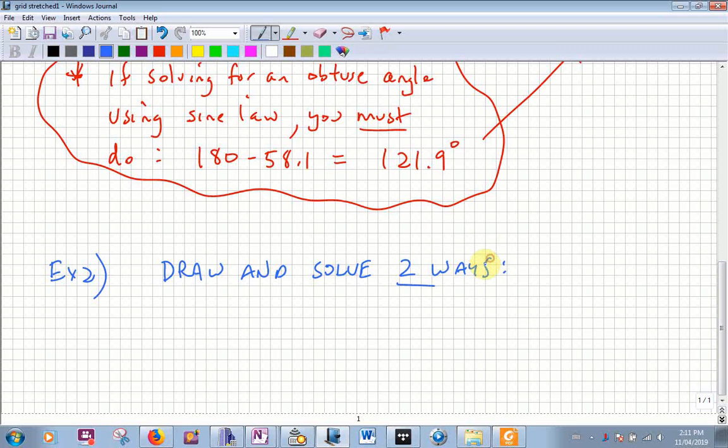Draw and solve two ways. Angle A is 42 degrees, B is 12, and A is 9.